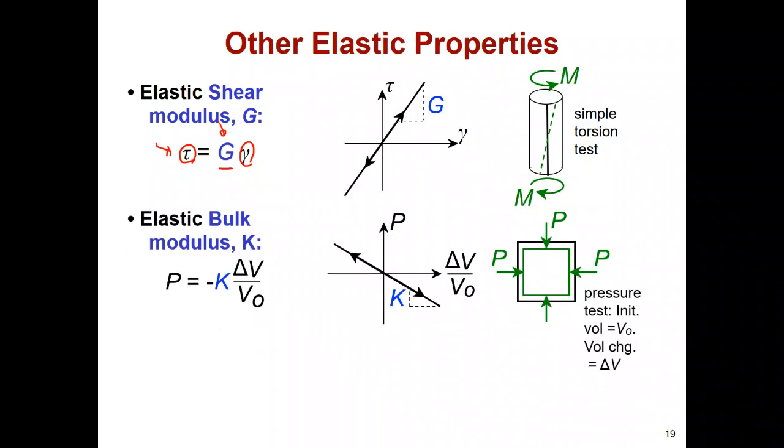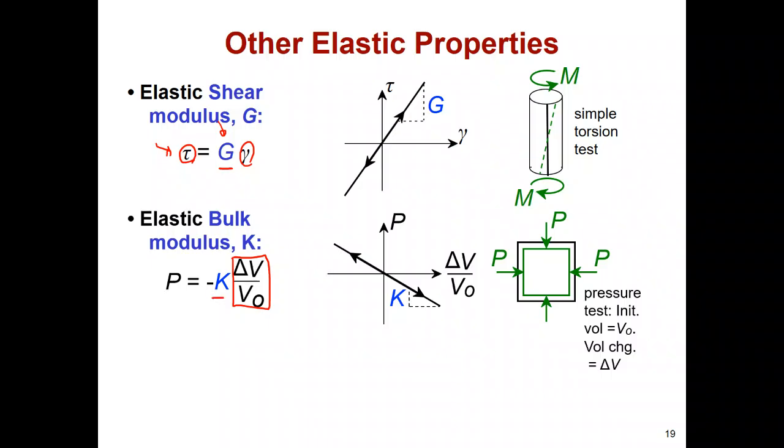The next elastic property is the bulk modulus. When the solid is under hydrostatic pressure, the initial volume can be reduced by that pressure. We can define the volume change, where delta V is the volume change from the initial volume due to the high pressure.